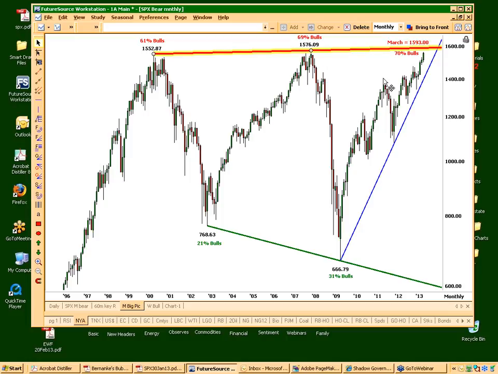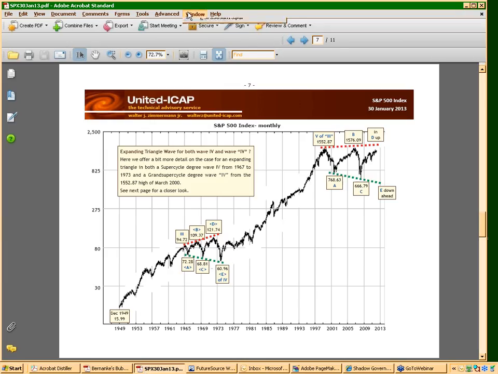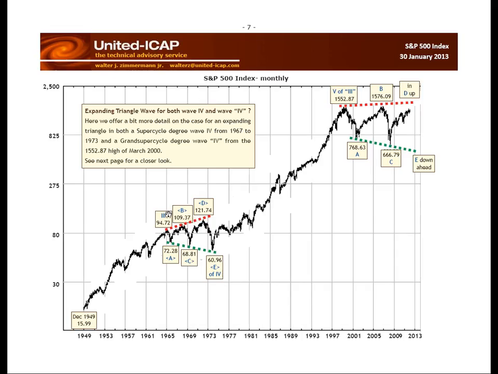Now, much of chart pattern analysis, much of technical analysis, is looking for pattern repetition. Where have we seen this before? One might think, looking at these huge swings, that we've never seen anything like this before, but that would not be correct. We have seen this before, back here between 1965 and 1975.